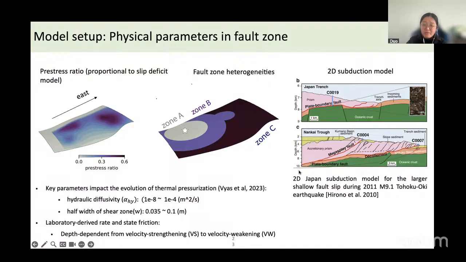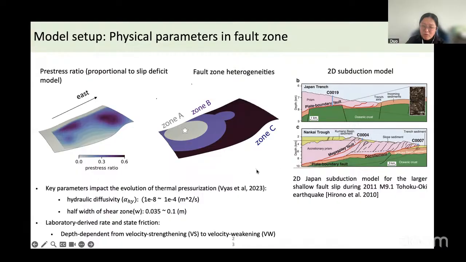When the sediment layer is thicker, it means the structure of that sediment is different from the typical fault zone.